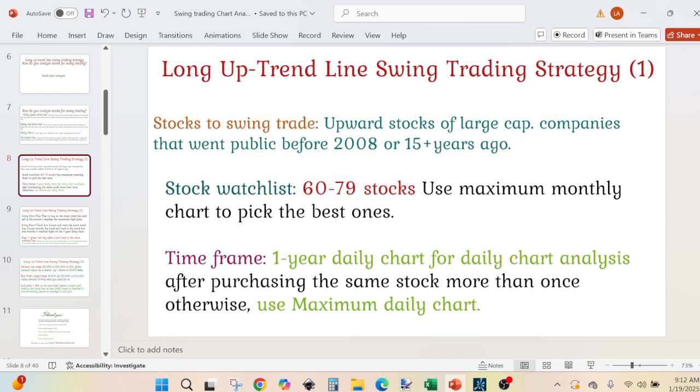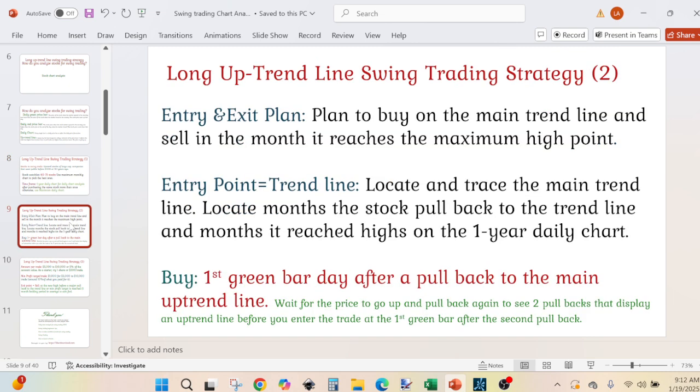It might be good to use the maximum daily chart where you can see those lower level trend lines, as they may not show up on the 1 year daily chart. But just swing trade on the daily chart: buy, sell, analyze your chart on the daily chart when you are swing trading is what we do.